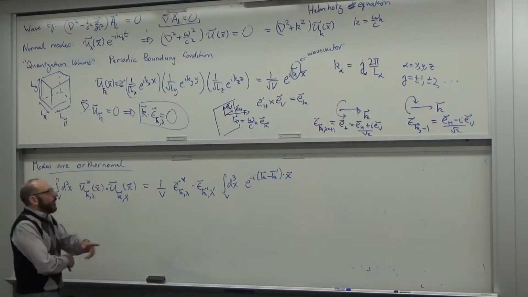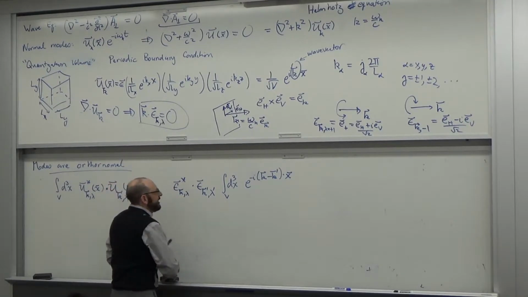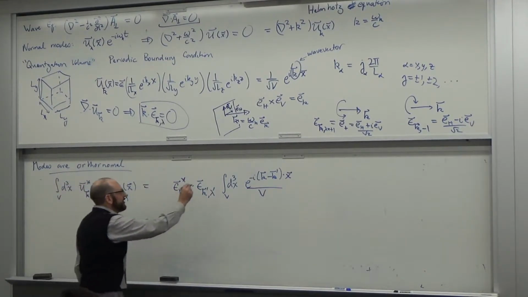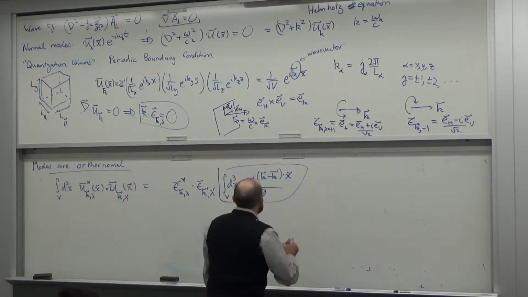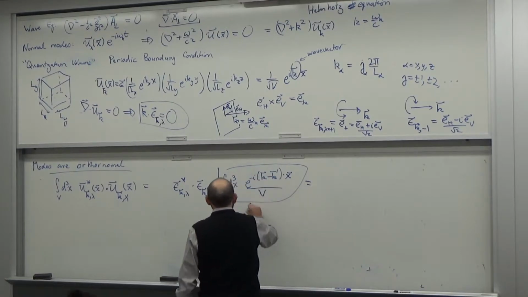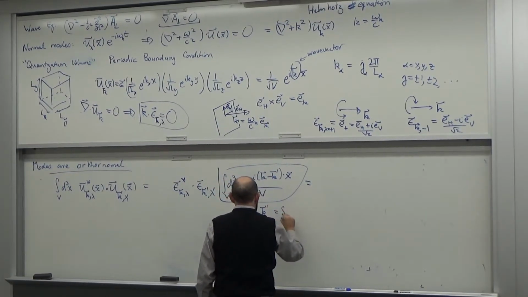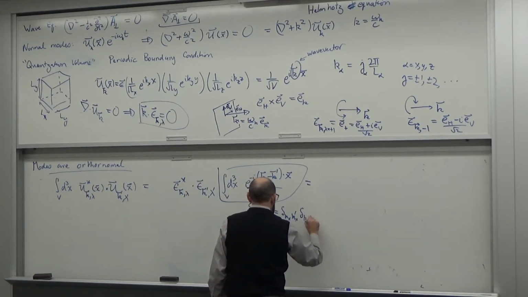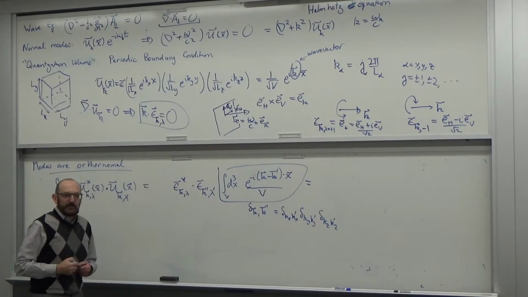Okay. What is this? Well, let me put the V in here. So what is this? That's a Kronecker delta, K, K prime. That really is just a shorthand for all three components have to be equal, right?